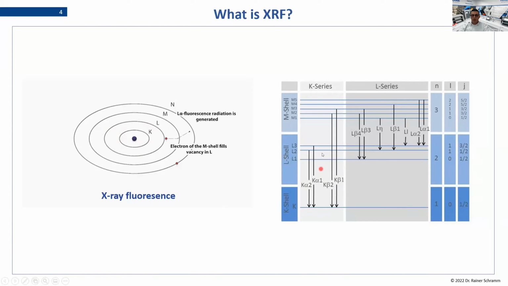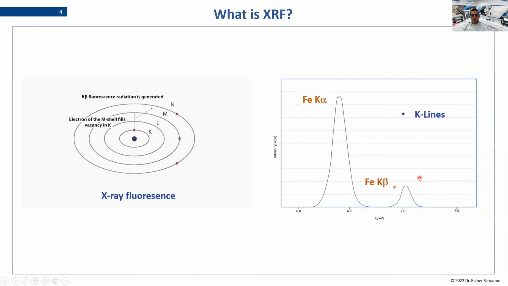Now it depends on how this filling appears. For example, if the K shell is filled up by an L shell electron, we call that interaction K alpha. And if it's coming from a higher shell, it will be K beta. If the L shell has a gap and will be filled, we call it the L series.